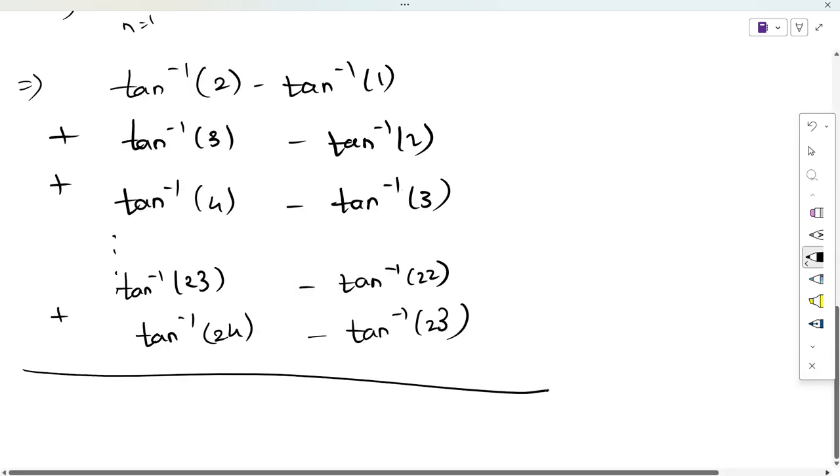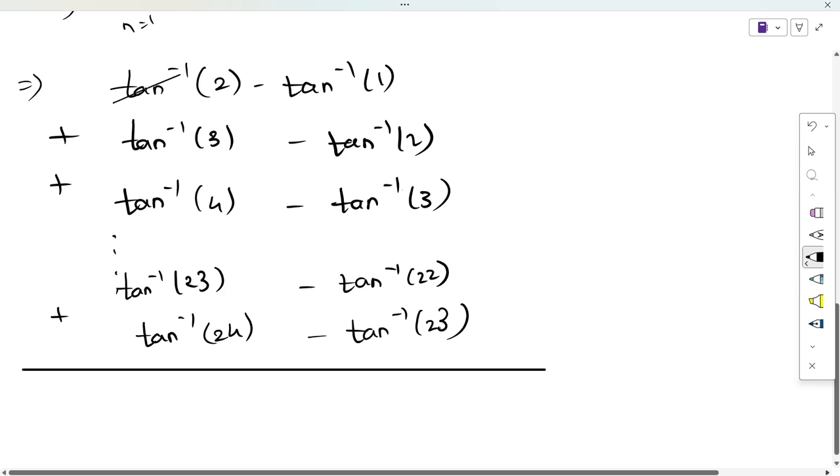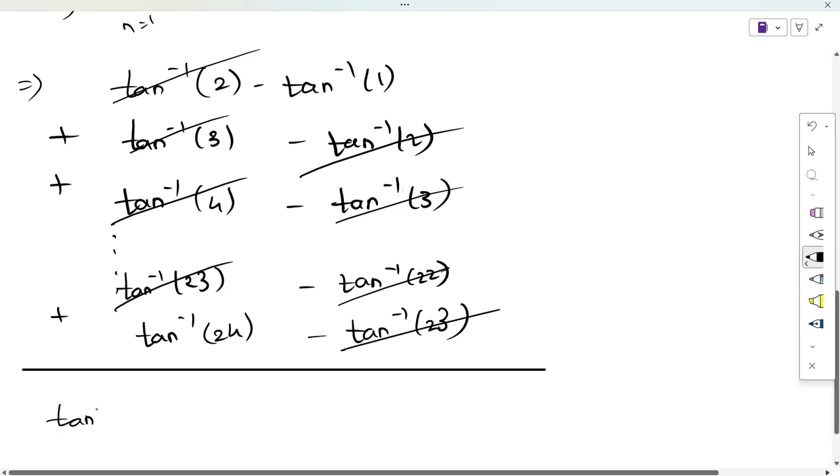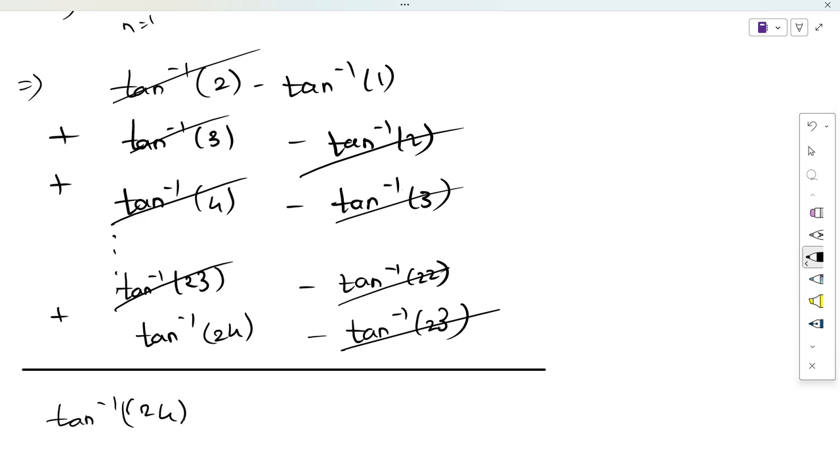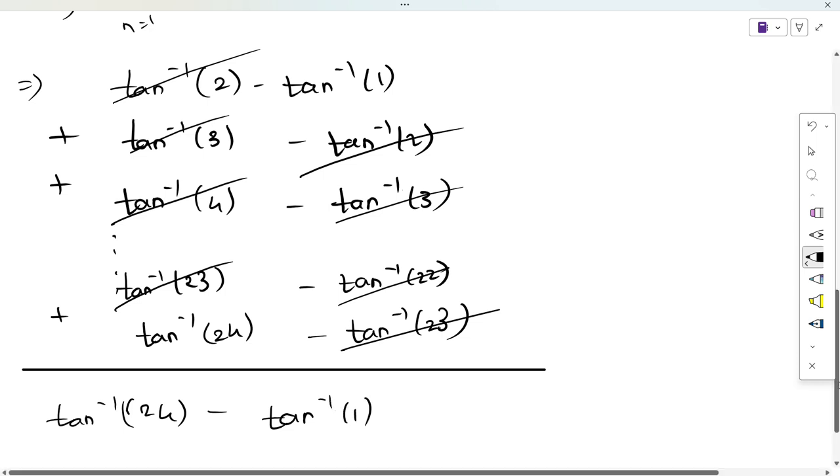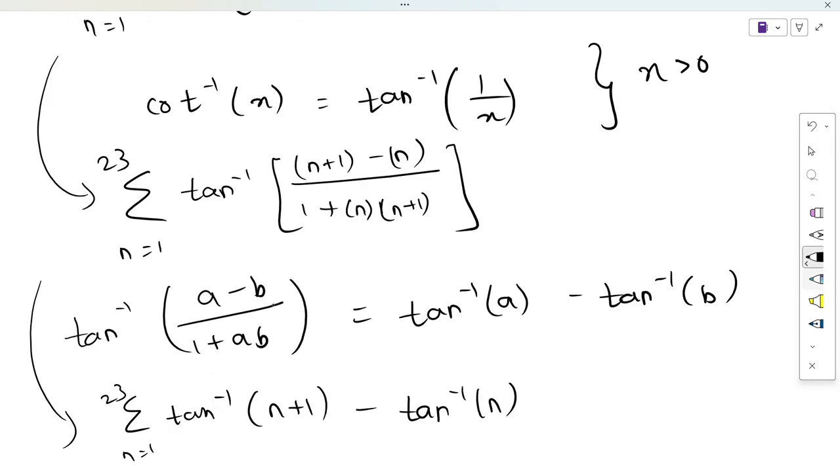Now I can do one thing. I can just cancel these terms. Tan inverse 2 will get cancelled, tan inverse 3 will get cancelled. Similarly, terms up to this will be cancelled and we will be left with tan inverse 24 minus tan inverse 1. Now again I'll use the same identity, just in the reverse order.